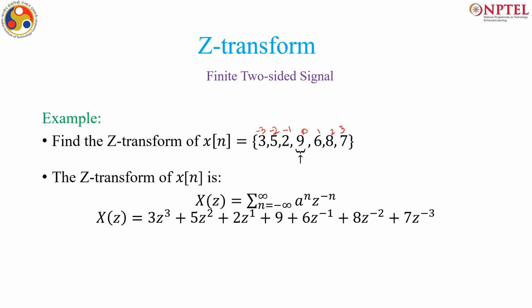So, this is what I get, and clearly we see that at z equals 0, this goes to positive infinity, and at z equals infinity, either positive or negative, this term will go to infinity. So, z cannot contain infinity or 0 for the z transform to exist, which means the ROC is the entire z plane apart from these two points.